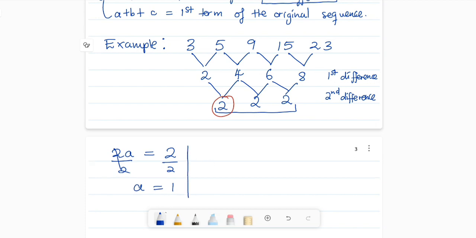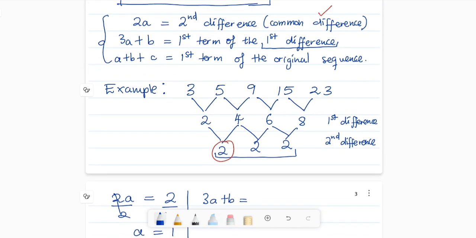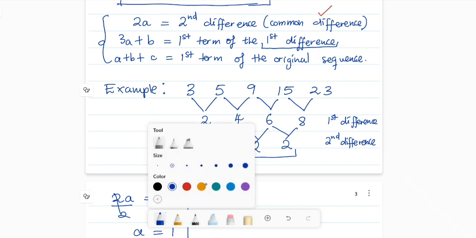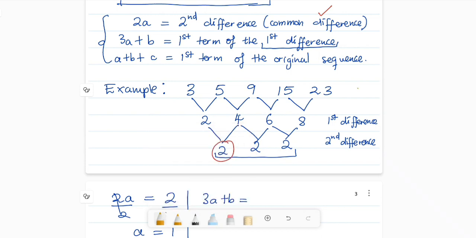Next, for us to get the value of b, 3a plus b is equal to the first term of the first difference. So the first term of the first difference is 2. It's a coincidence, by the way. It's not always 2.